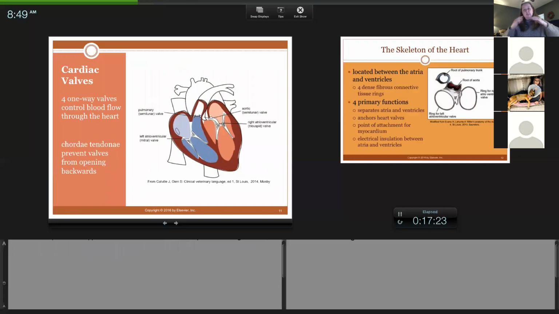That valve is a one-way valve. So when the ventricle contracts, that valve has to open, okay? When the heart is in diastole, when the ventricle relaxes, that valve is going to shut, because we don't want blood going backwards from the pulmonary artery back into the ventricle.